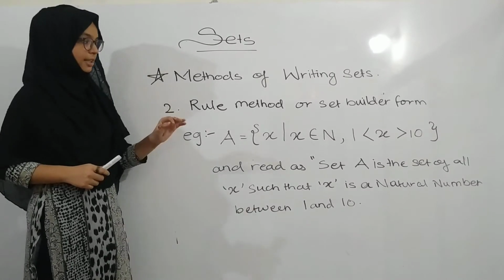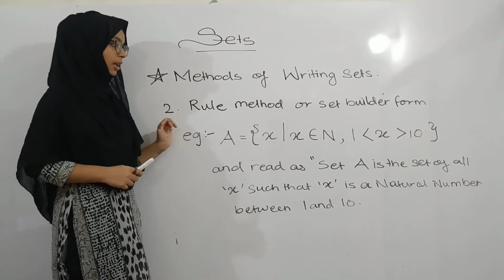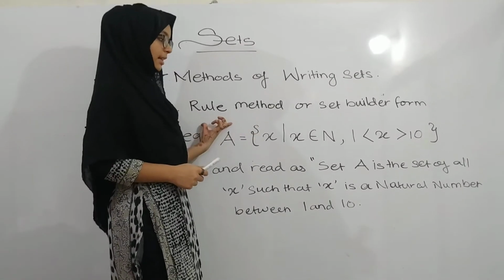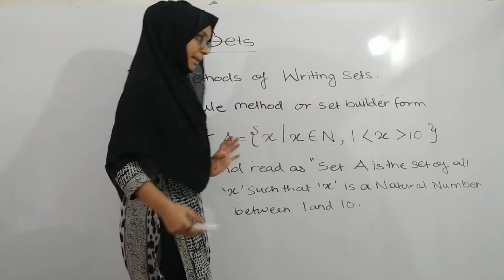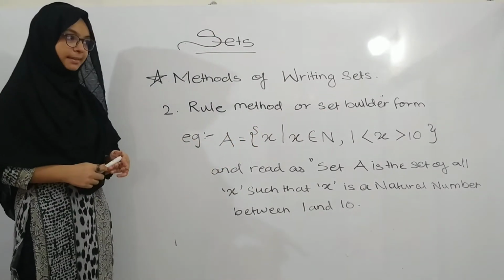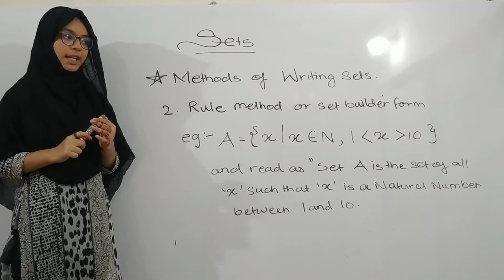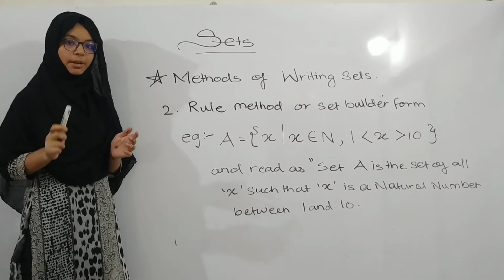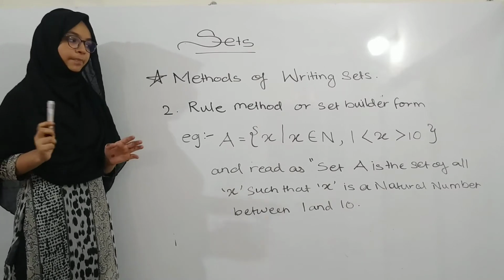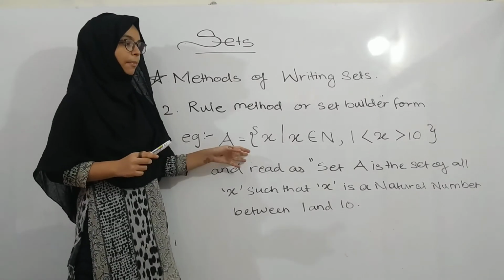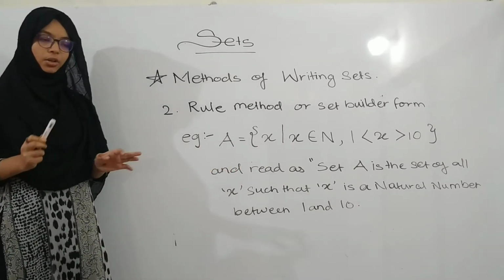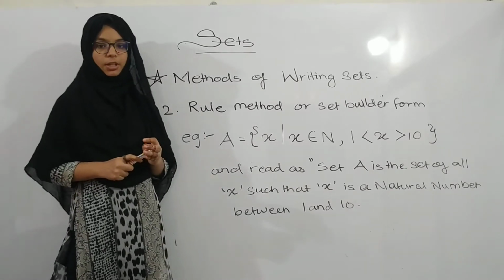Now, in this topic, the second method is the rule method, or the second name of the rule method is set builder form. In this method, we do not write a list of elements, but write a general element using a vertical line or colon, and write the property of the variable.